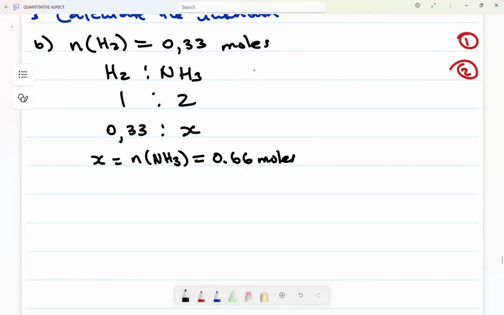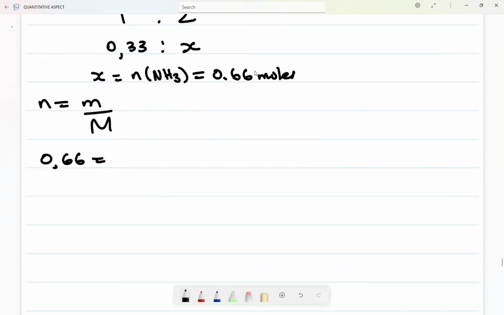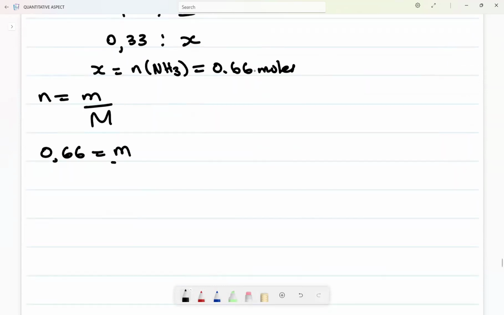What is the unknown? The mass of ammonia. So remember, when they want the mass of something, I should automatically conclude on finding its molar mass. I have the number of moles, which is 0.66. Then my mass is the mass of ammonia that I'm looking for. Then what is the molar mass of ammonia?